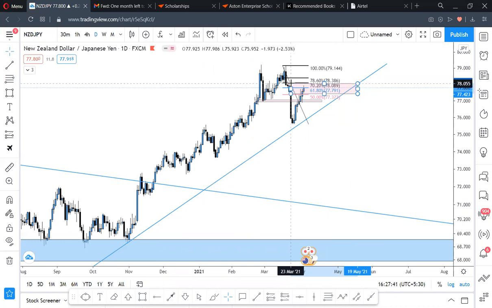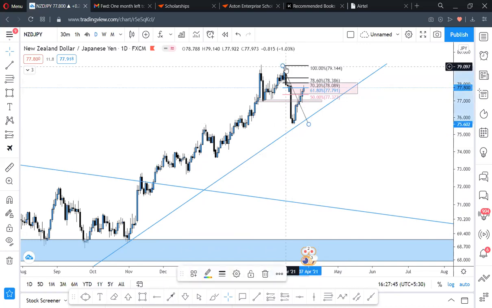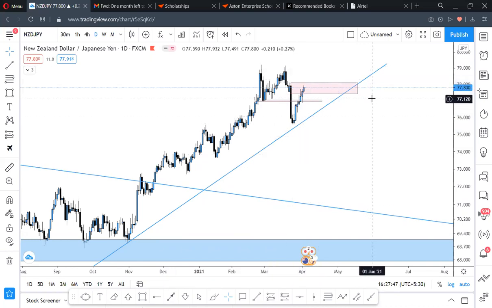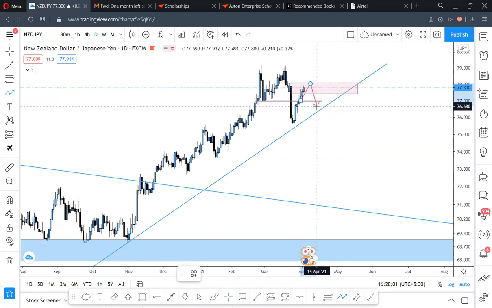That will be here. Previously I used to just look at the 50 to 60 range and see how price reacts over this one. If price does something like this, then we'll go straight down.